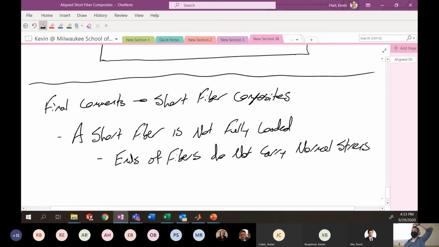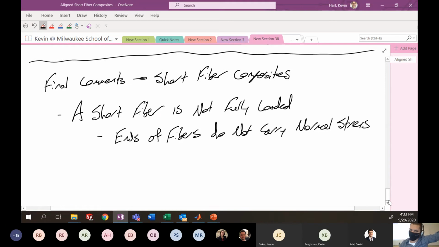We sort of saw that with our little model. The end of the fiber is a free surface. Think of plane stress conditions on the top. If you have plane stress conditions, you don't have any stress in that third direction, which is at the end of the fiber here. So short fiber, not fully loaded.